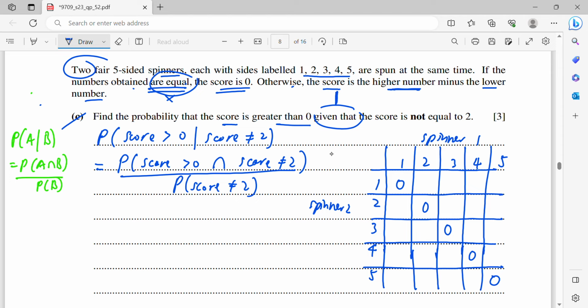Alright, so now if you get different numbers, then the score is the higher number minus the lower number.